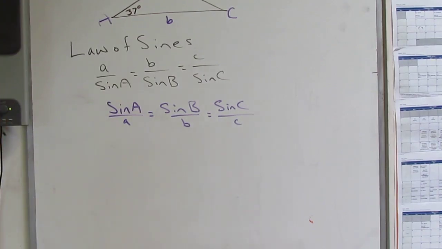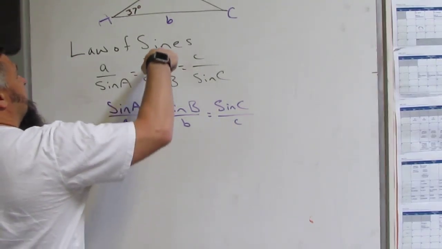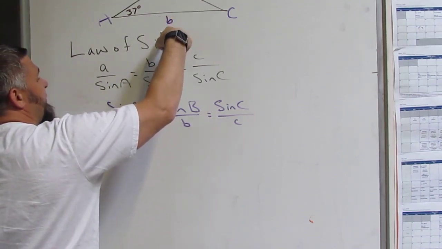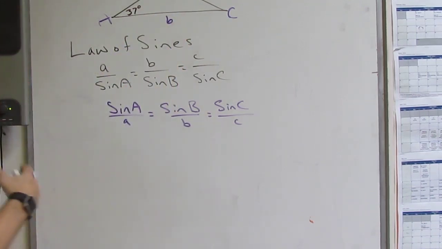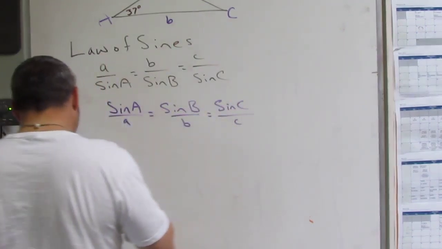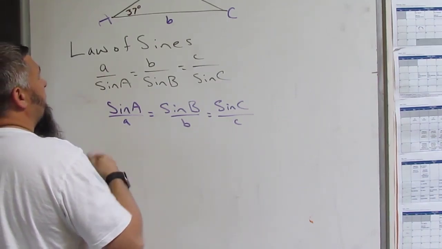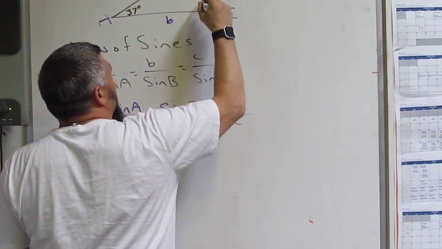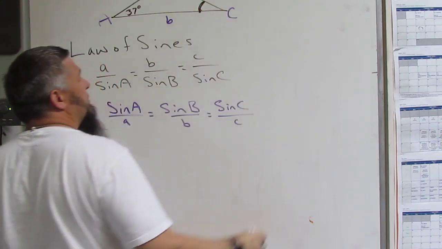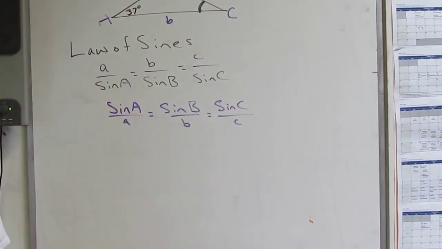Okay? Now, since the side or the angle I'm looking for depends on what I'm looking for, if I'm looking for an angle, let's say the angle is C, so I'm looking for this angle, then how will I find that angle?